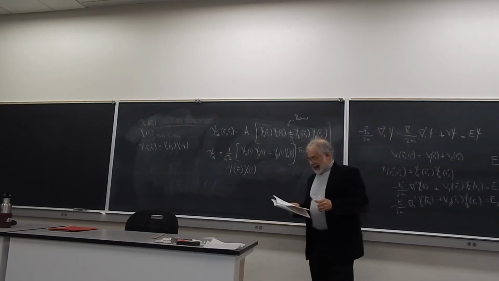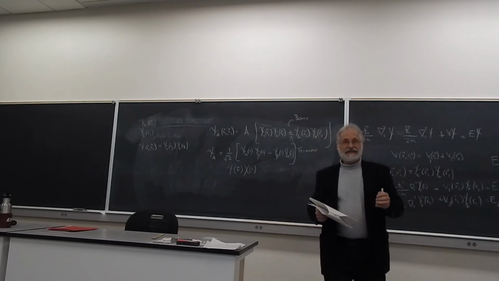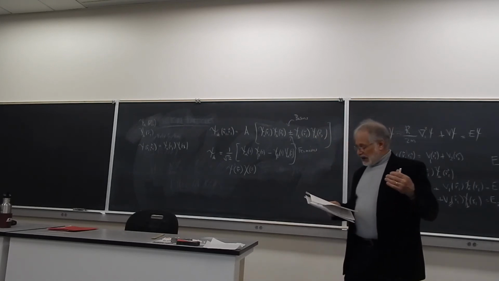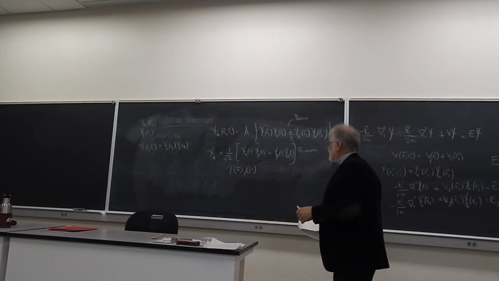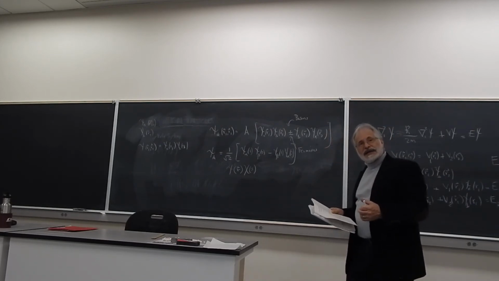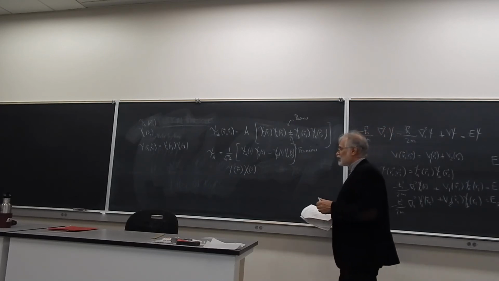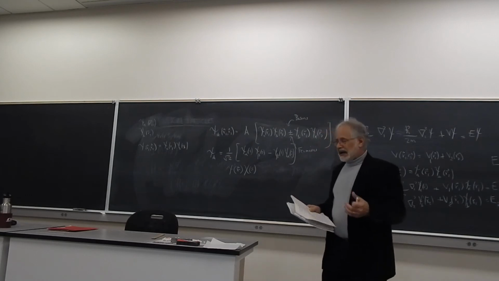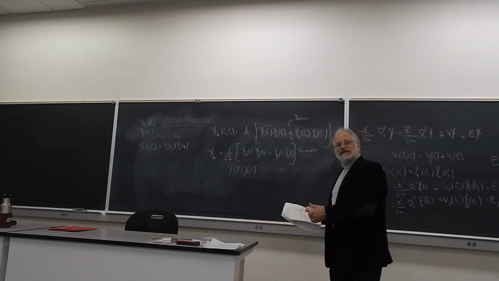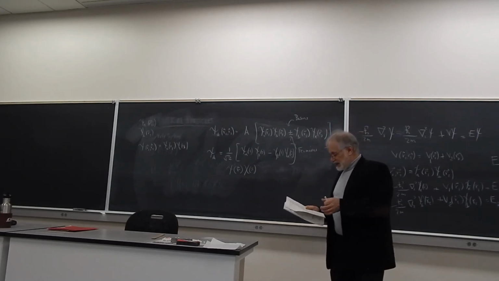Both the space and the spin eigenfunctions have a definite parity. They're either even or odd functions. But it must be that their product is antisymmetric, which means if the spin wave function is an even function, the space wave function must be an odd function, and vice versa.